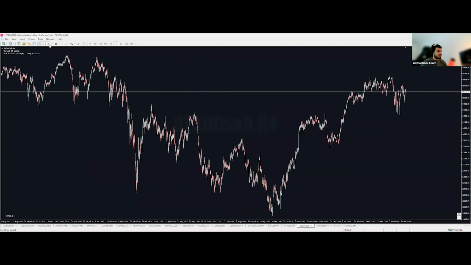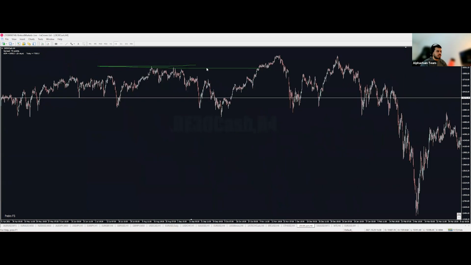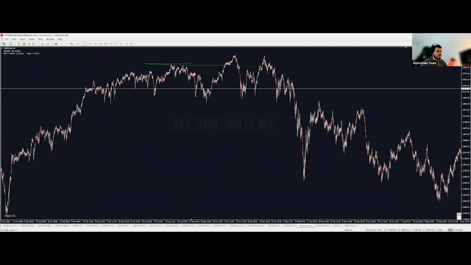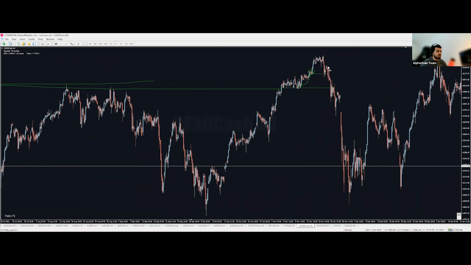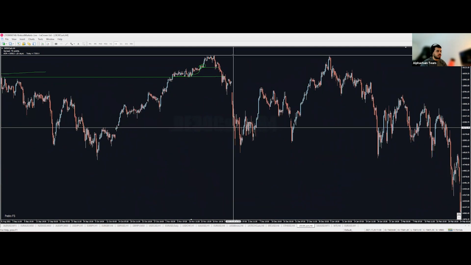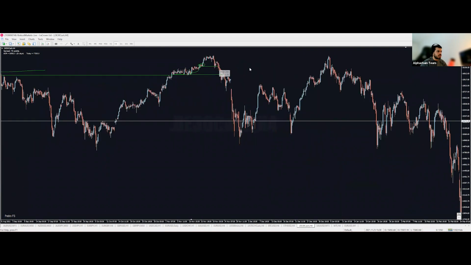DAX, beautiful example at the highs in here, right? We have all this structure that price broke. This is a higher time frame. We have all this working as structure, maybe all this compressed, maybe all the way until this demand zone. Maybe this was the demand. There you go. What a beautiful example in here, right?